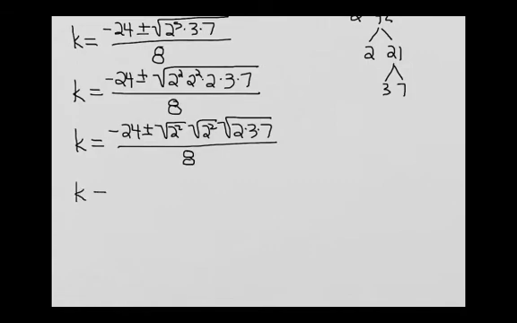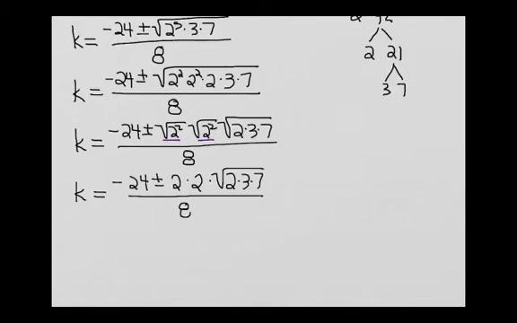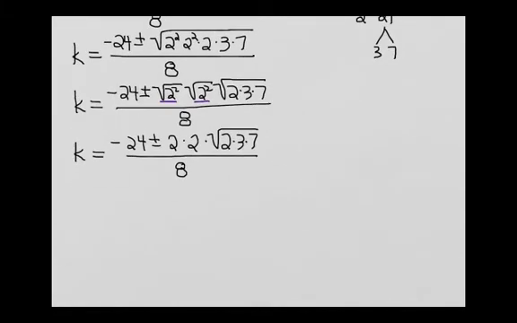So we get K is equal to negative 24 plus or minus, and now when I square and square root, those are opposite operations, so I get 2 times 2 times the square root of 2 times 3 times 7, which eventually I'll multiply that back together again. It's going to be 6 times 7, which is 42. So I get K is equal to negative 24 plus or minus 4 times the square root of 42 divided by 8.